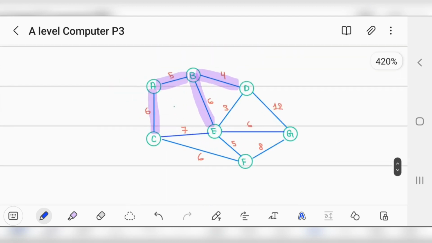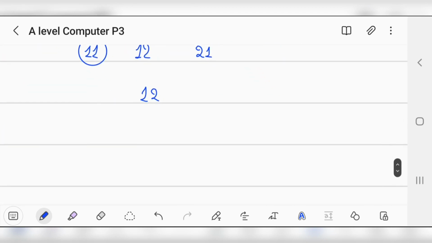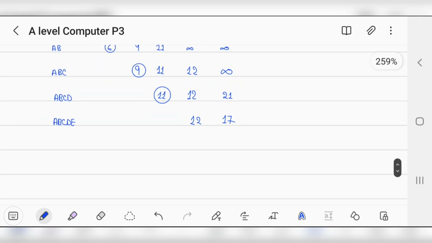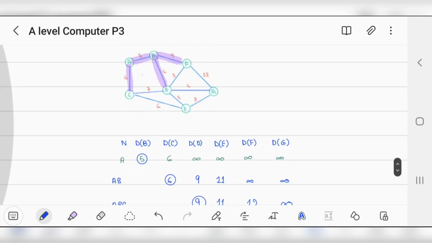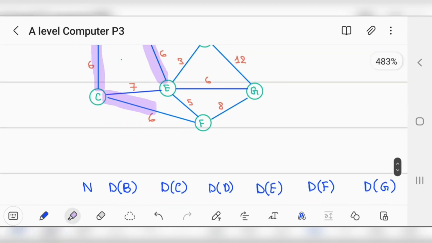What should be the value of G? Coming from here, it's going to be 21, but if I come here, 11 plus 6, it's going to be 17. So the value is updated to 17. Choose any one of these. 12 is the least, which means you're going to highlight this as well.